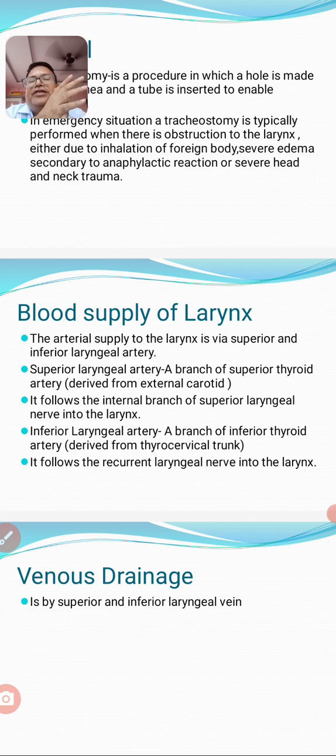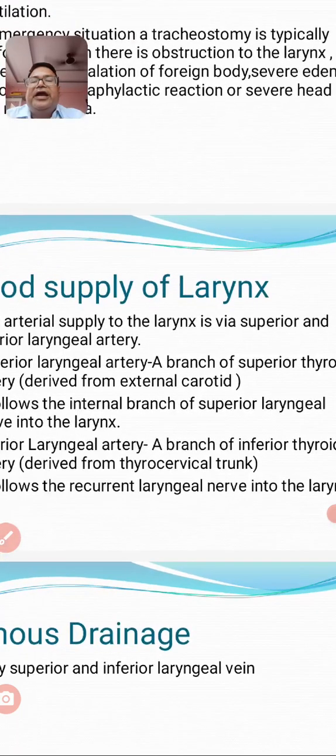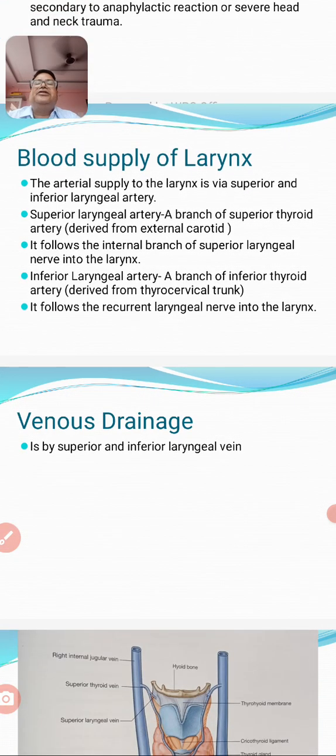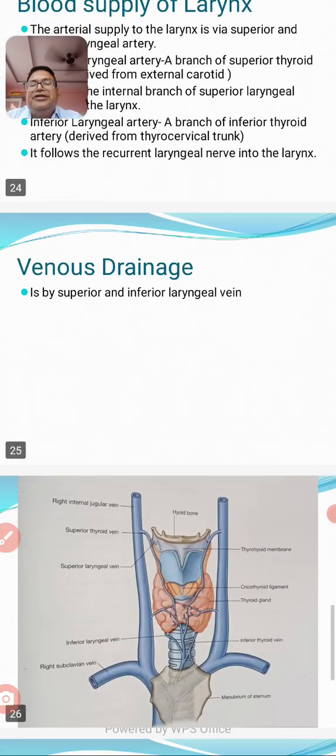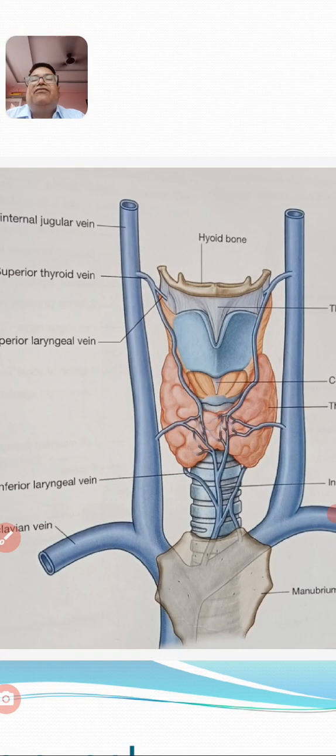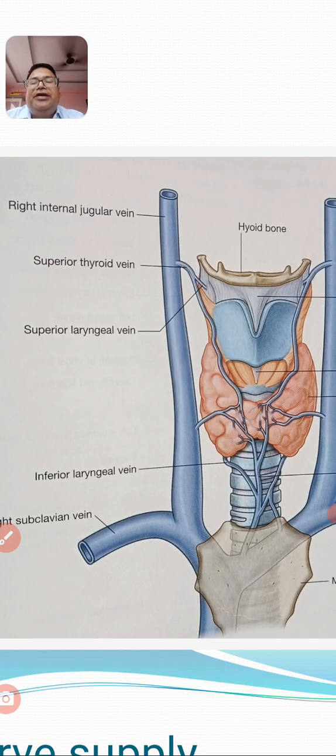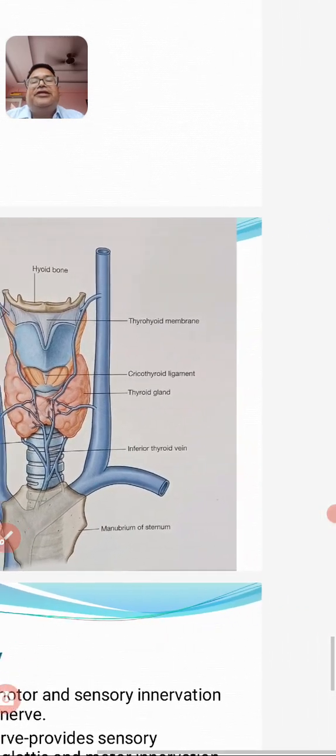Second is the inferior laryngeal artery, a branch of the inferior thyroid artery derived from the thyrocervical trunk, and it follows the recurrent laryngeal nerve to the larynx. Venous drainage is by the superior and inferior laryngeal veins, draining to the superior thyroid vein and the internal jugular vein.